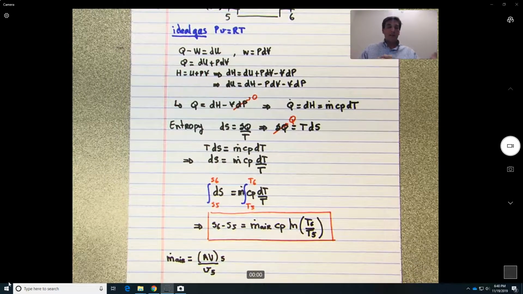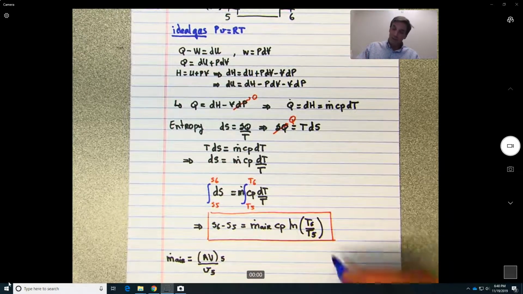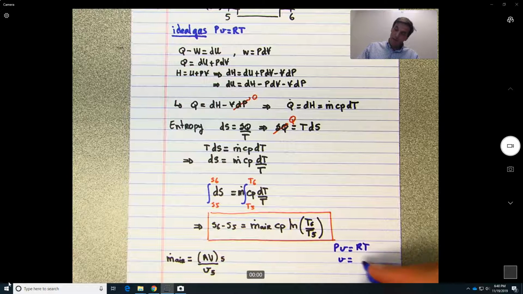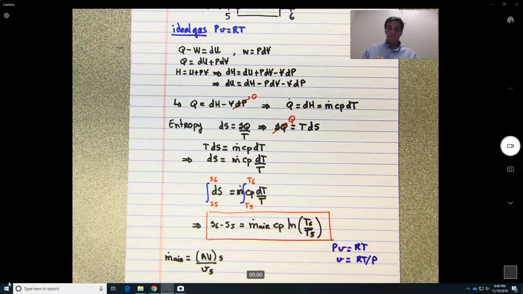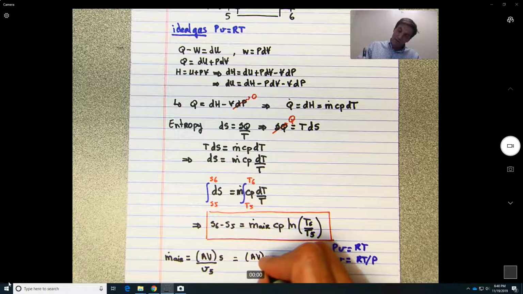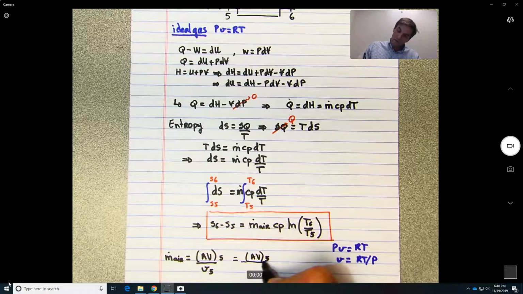And we can use the ideal gas relation, which is Pv equal RT, to find v. So v will be equal to RT divided by P. So basically at the end we have that the mass flow will be equal to AV5, which is given, divided by RT5 divided by P5.